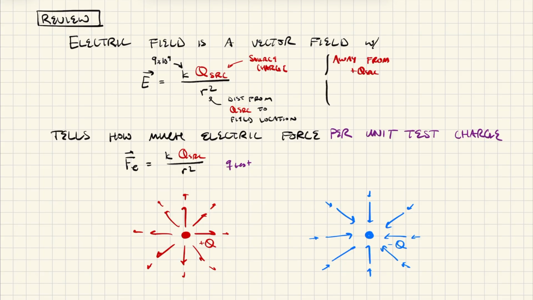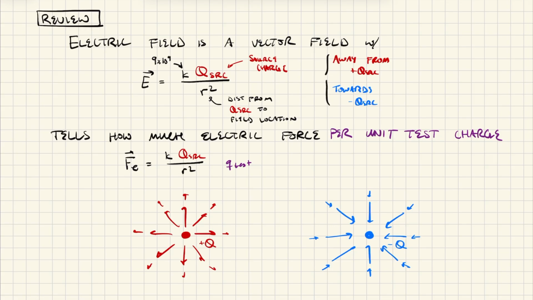If we have a negative source charge, that's going to create an attractive field because it's going to have an attractive force when we put in a positive test charge. And so we know that the electric field lines must point towards negative Q sources.